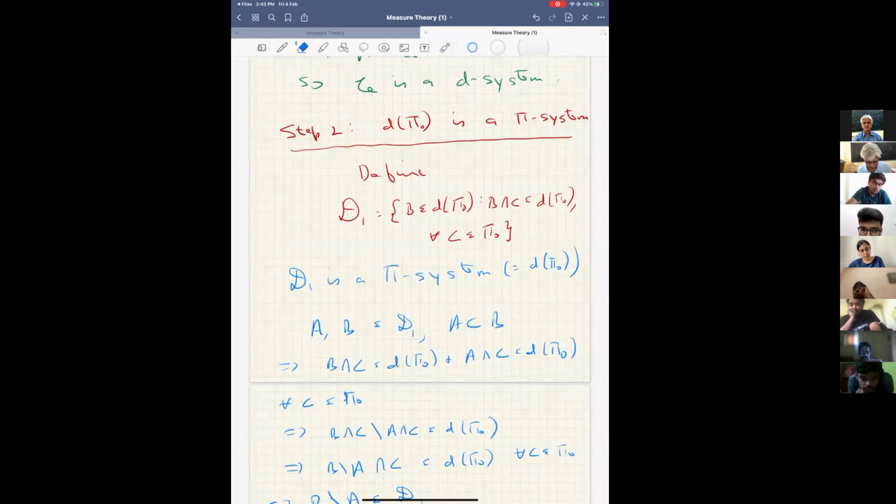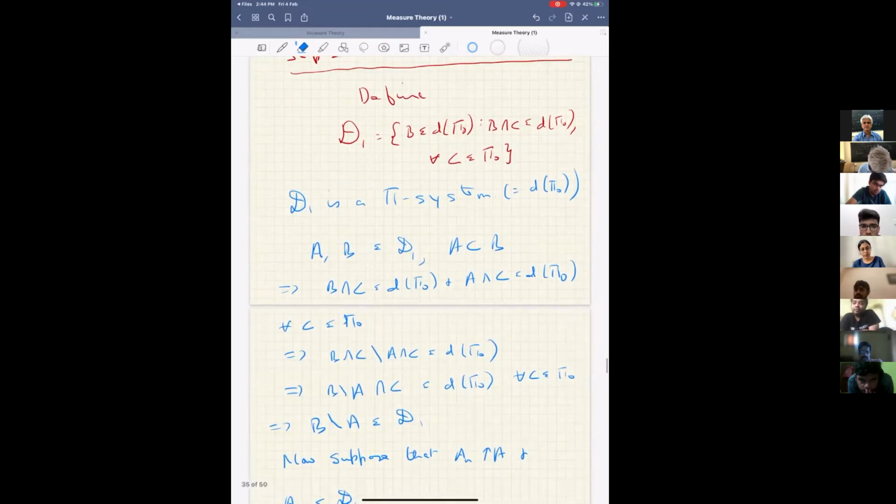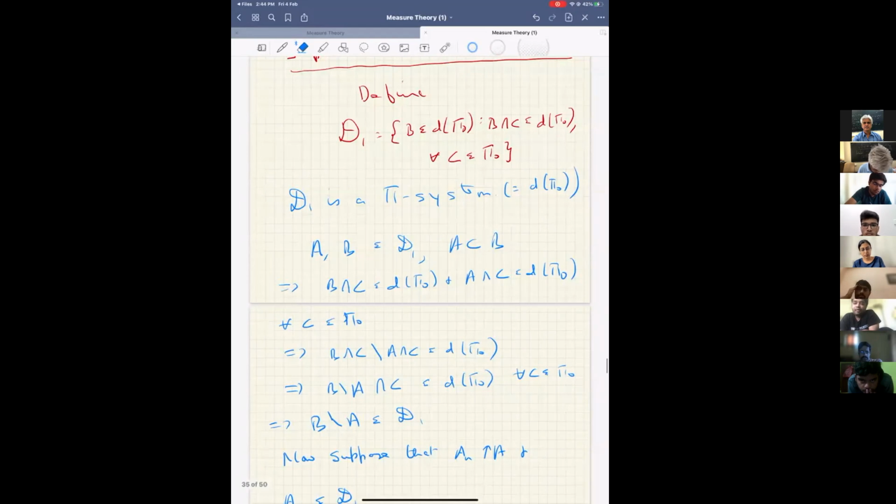Let's take A and B in D1. We have to show it's a D system, right? So we'll take two sets A and B, and A, let's say, a subset of B. And now we'll simply argue that B minus A must also be in this class D1. So let's take C in pi 0. So A and B are in D1.